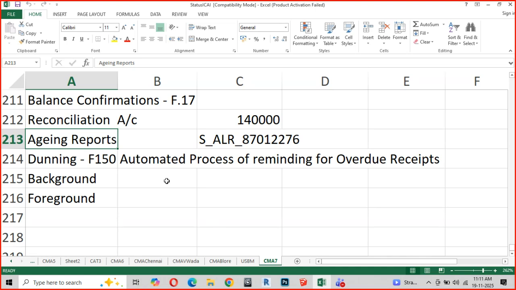This is exactly how we went through the AR process. We looked at it only from the finance perspective, and that itself took so much time for us to understand.